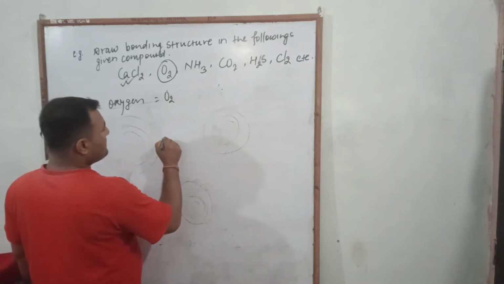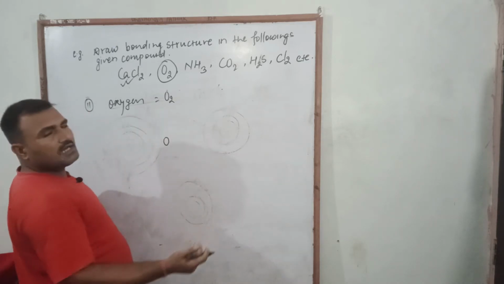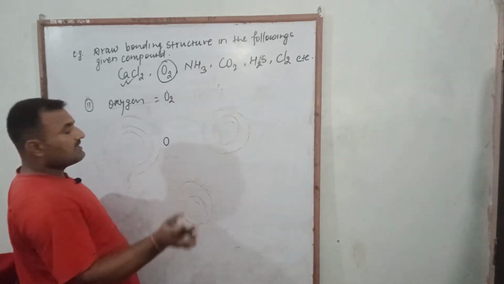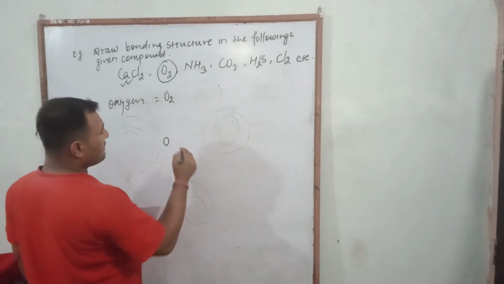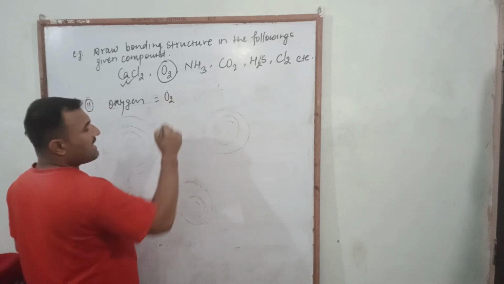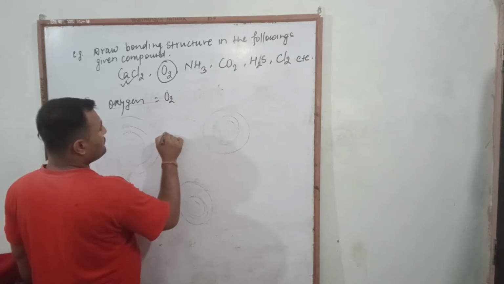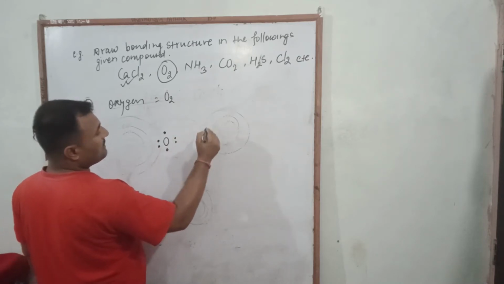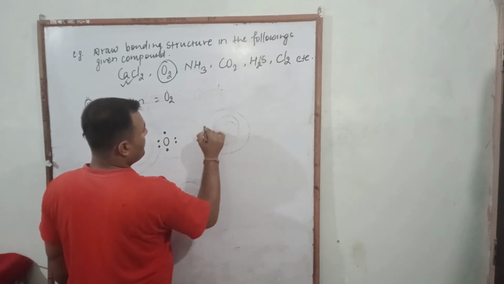Here we draw only the valence electrons to explain sharing. Oxygen has 6 valence electrons, its valency is 2, and 2 electrons are shared with another oxygen atom. 2, 4, 6.